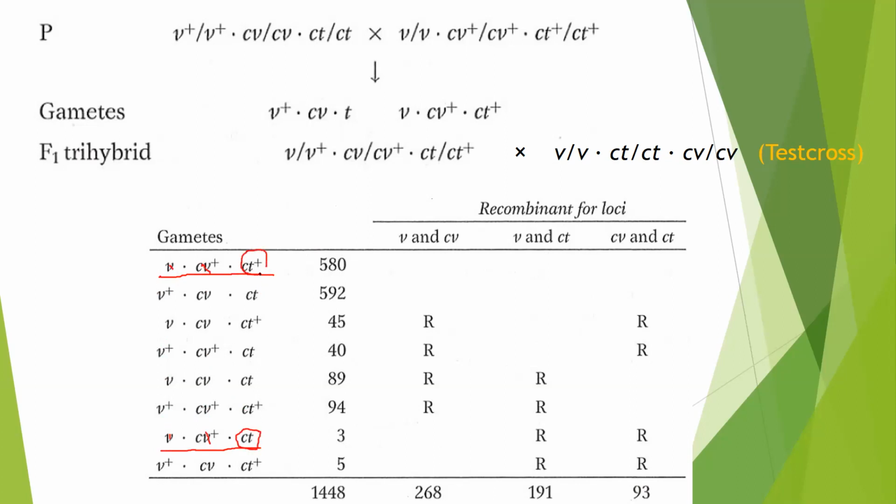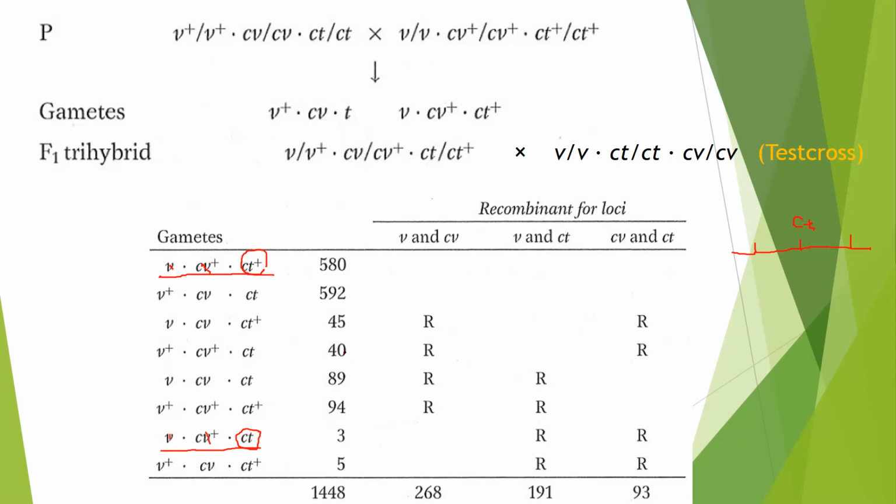So what information can you get from this comparison? This means these three genes must be arranged in a way that the CT will sit in the middle, right? Immediately you can get this information. I hope this is clear, right?